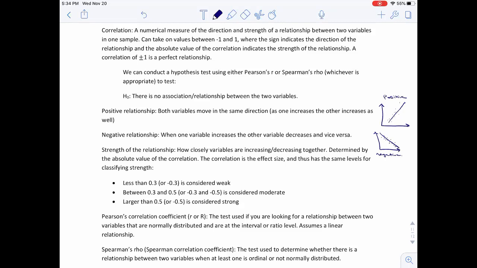And so, of course, we have the same groupings. A correlation that's less than 0.3, positive or negative, is going to be weak. Between 0.3 and 0.5, moderate. And anything larger than 0.5 on either end, positive or negative, is going to be considered strong.